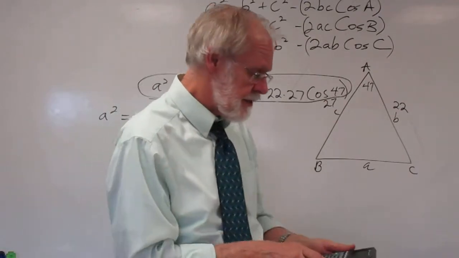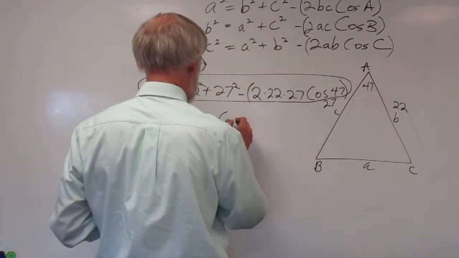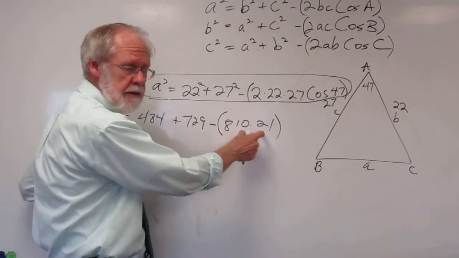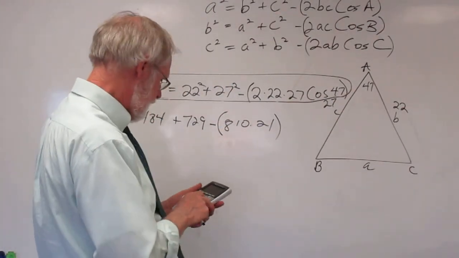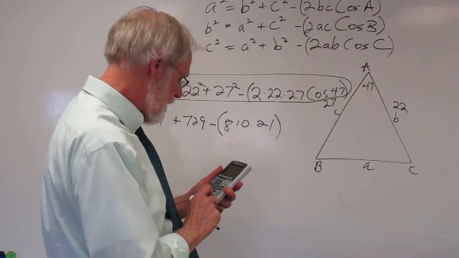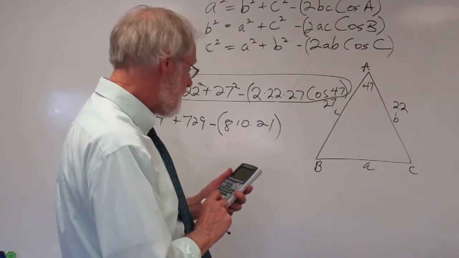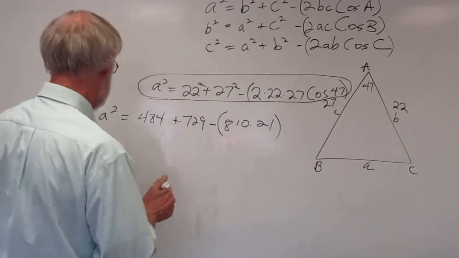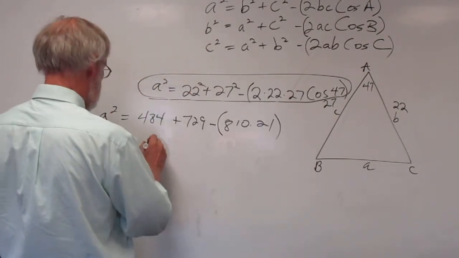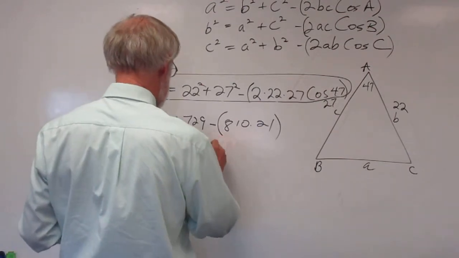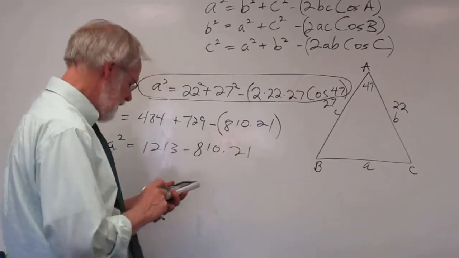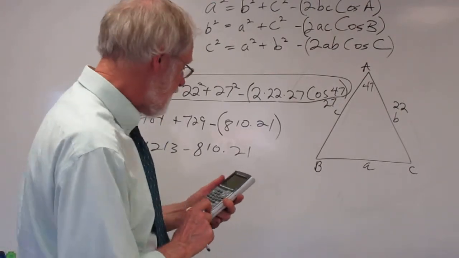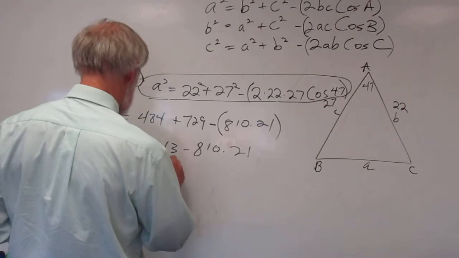And that gives me 810.21. I add these two together and subtract that. 484 plus 729 equals 1213. So a squared equals 1213 minus 810.21, and I get 402.79.